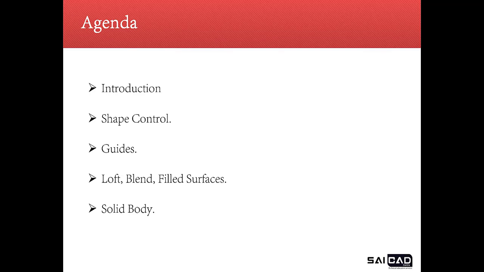Then we will cover different options like loft, blend and filled surfaces, and many other commands in surface modeling. Then at the final stage we will create a solid body from the surface we have created, and we will also define some visualized properties on that solid.